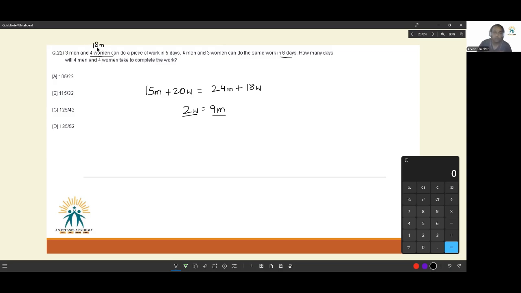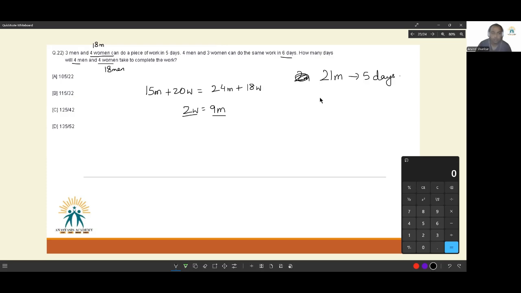So 21 men take 5 days. How many days will 4 men and 4 women take, which I can always replace with 22 men? I know 4 women are as good as 18 men.